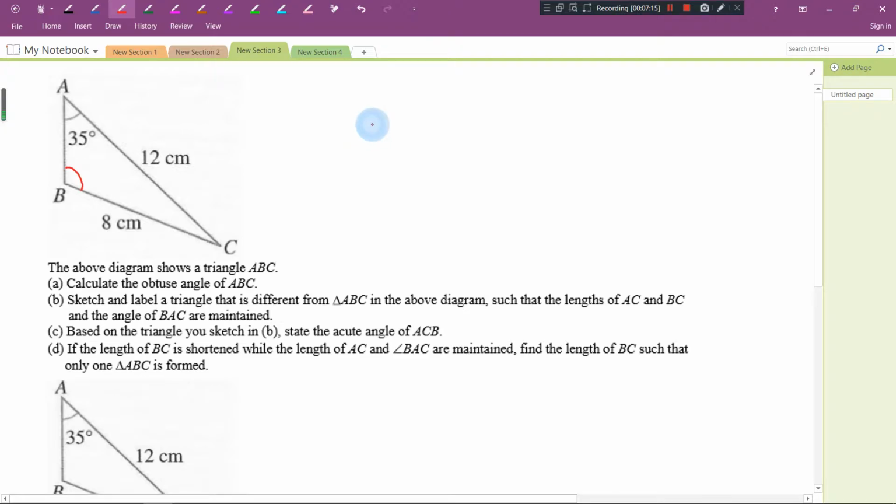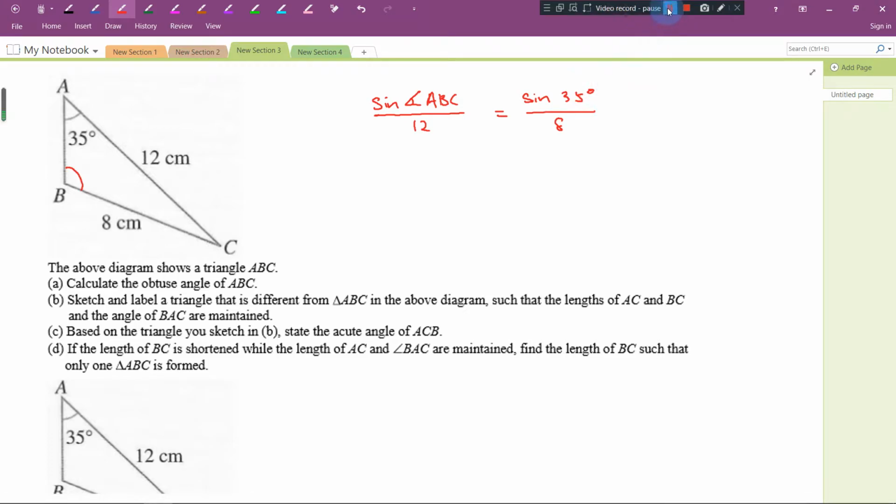We can use the sine rule. I want to find an angle, so I put the angle on the top: sine angle ABC over 12 is equal to sine 35 degrees over 8. Up to here, you have to be more careful, because later when you press your calculator, it will give you an acute angle.